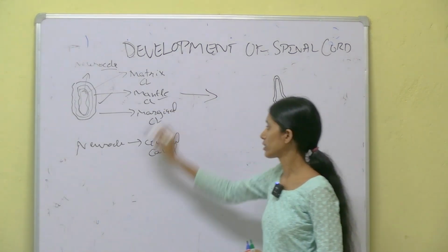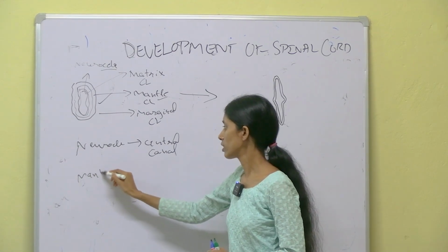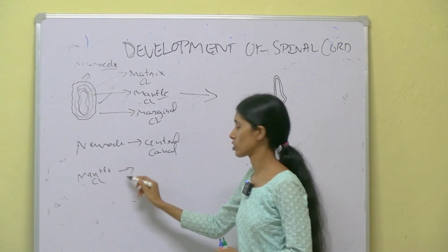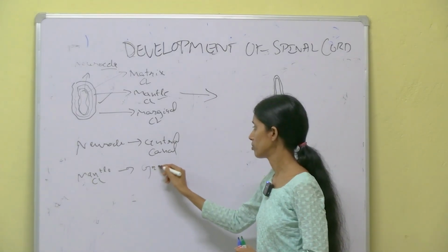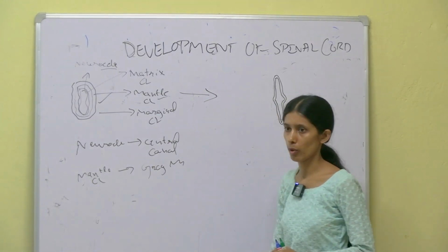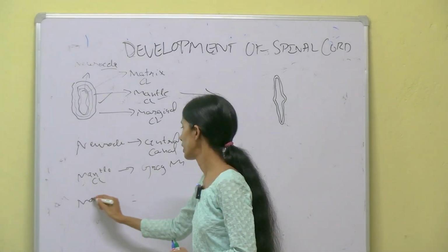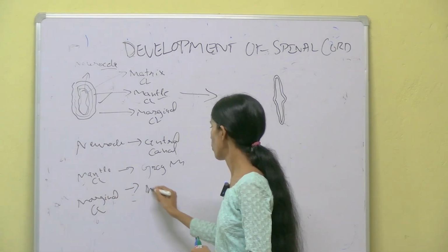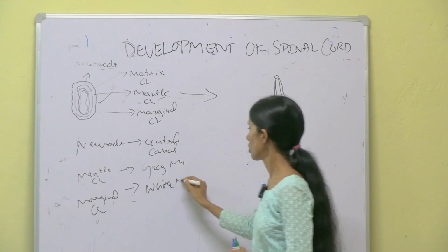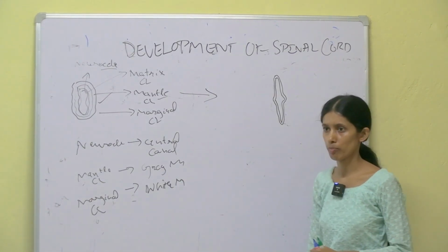And your mantle cell layer is the future which matter, grey matter or white matter? Grey matter. Okay, and the marginal cell layer is the future white matter of the spinal cord.